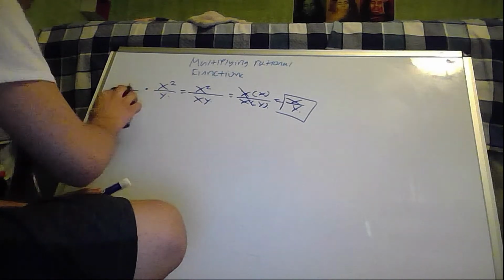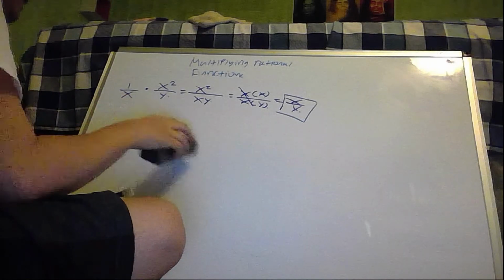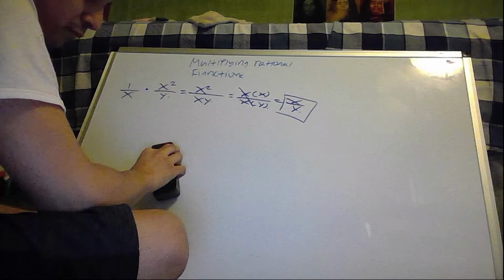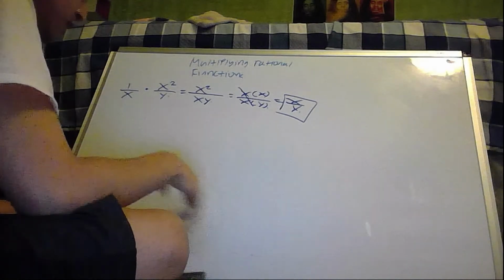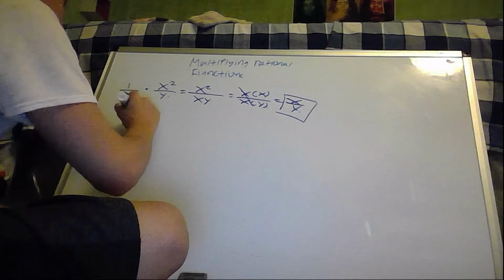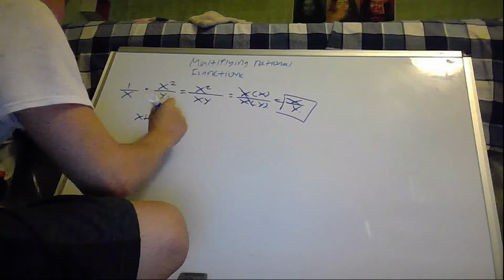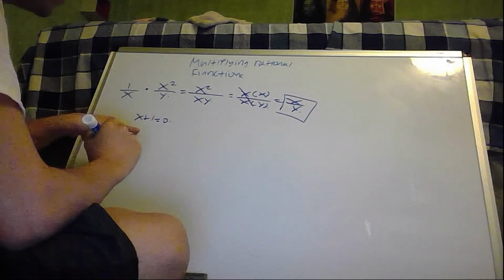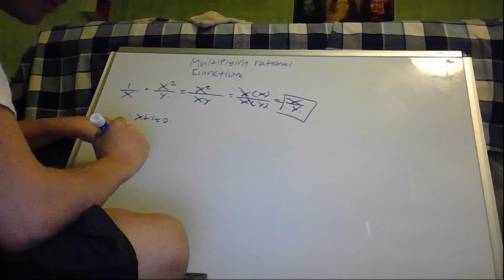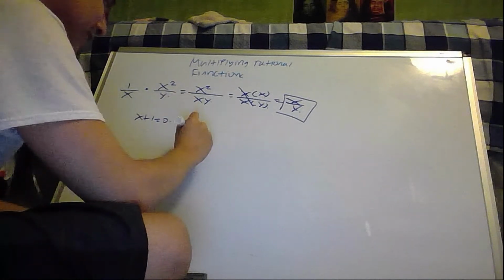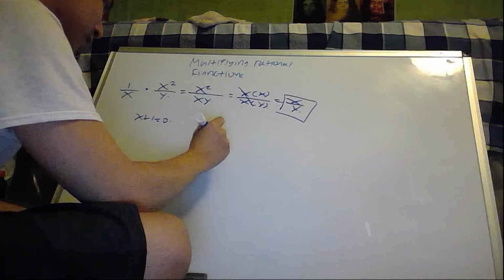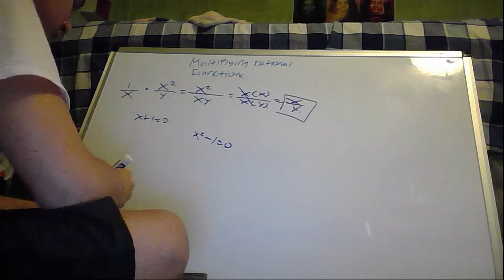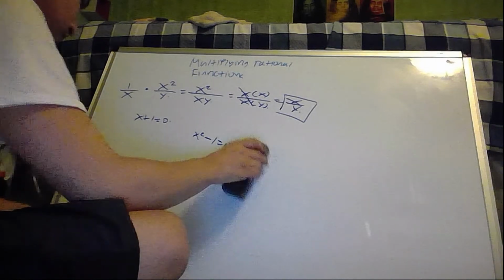Just like how I used to say, when we have x plus 1 equals 0, not every linear equation is that simple. And when I would say x squared minus 1 equals 0, not every quadratic equation is that simple.